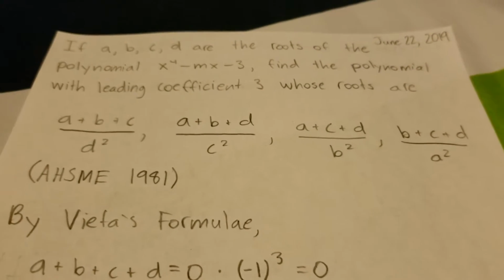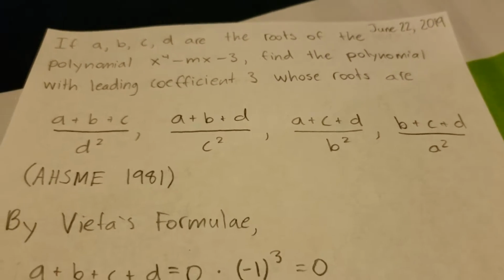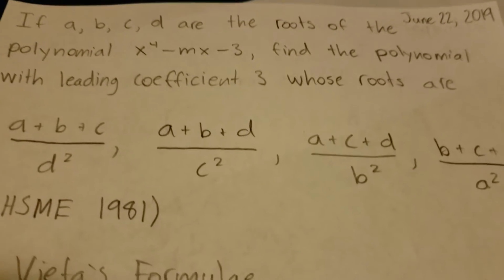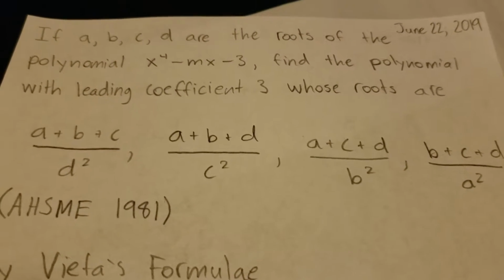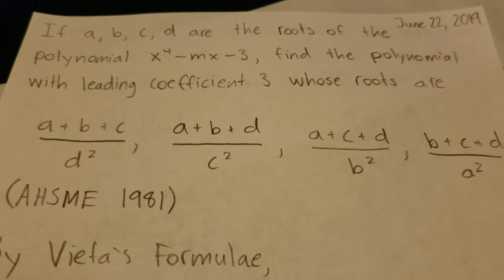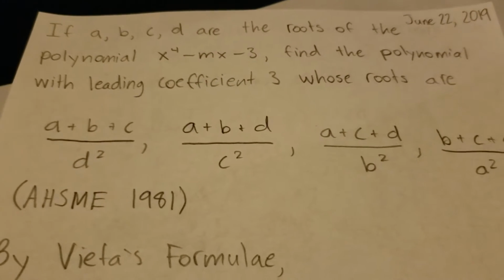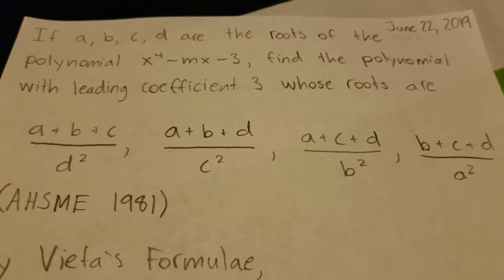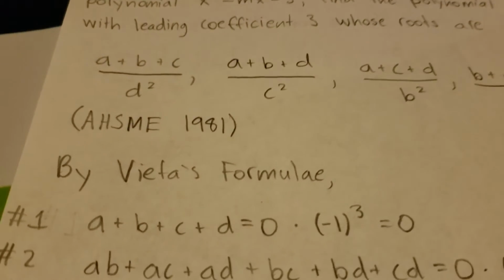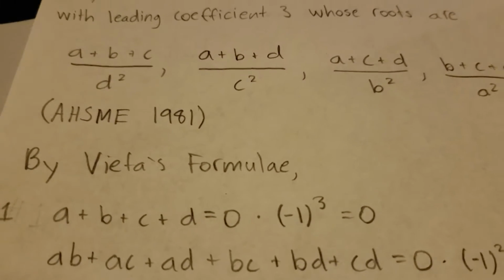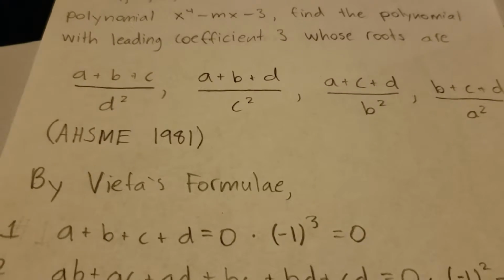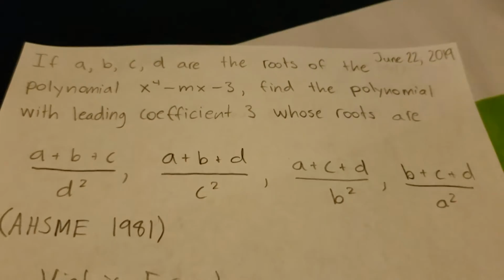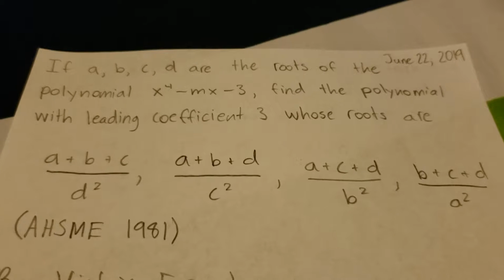Alright, so our second fact that we must recall is whenever we're tackling a problem that has to do with polynomials, and it's usually towards the end of a math competition, it usually uses some sort of application of Vieta's formulae. So what's Vieta's formulae? Well, Vieta's formulae gives the coefficients of a polynomial in terms of its roots.